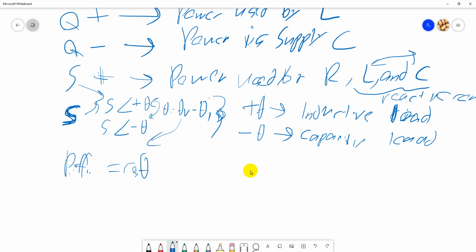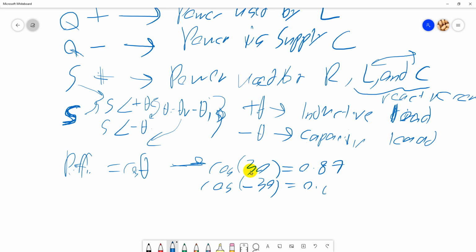But the problem is, for example, cos 30 and cos negative 30: cos 30 is 0.87, and cos negative 30 is also 0.87.